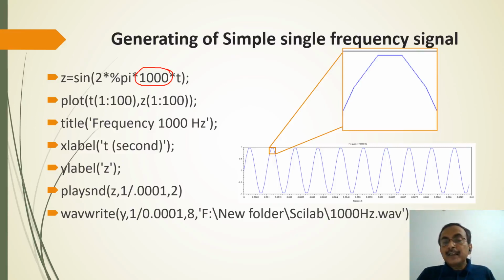We can find that there are edges which can be clearly seen, and this is because we have got these sampling instants at which the signal value was sampled, which was 0.0001. So if we want to have a smoother signal, then we need to have more number of samples in between so that the signal can be smooth.